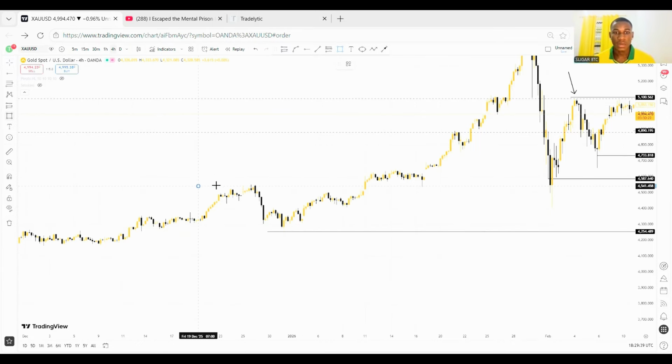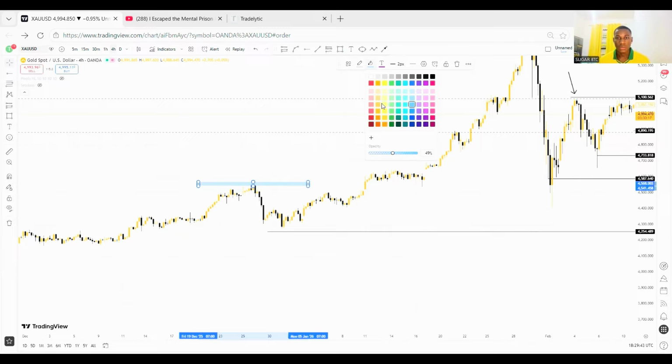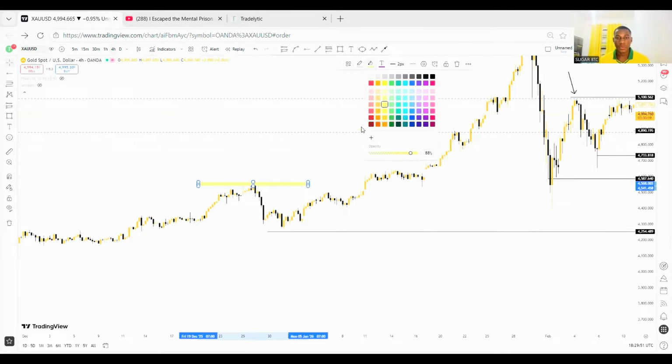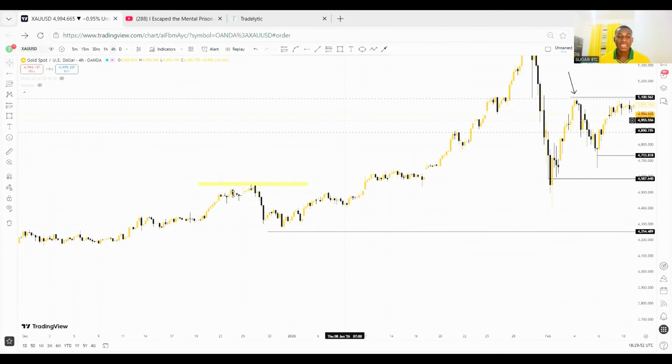We had our level, give me a minute. So boom, we had this level which was a swing high in the market, right? And also this level which is the swing low in the market.